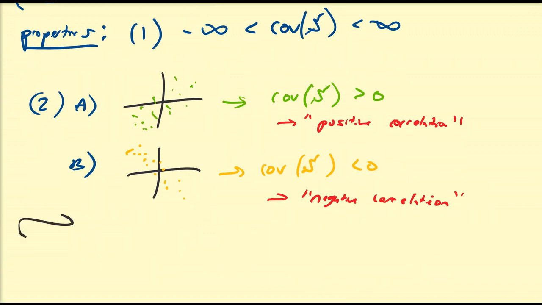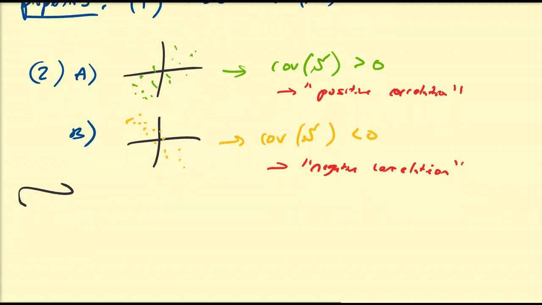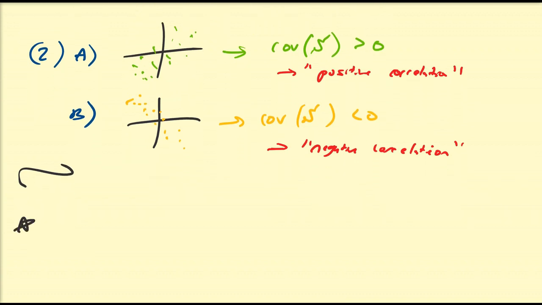Now there's another number aside from covariance that is used to describe these types of things, and some people call it the Pearson correlation coefficient, or just the correlation coefficient.